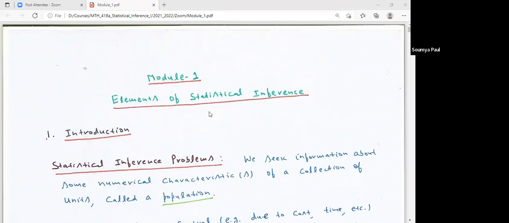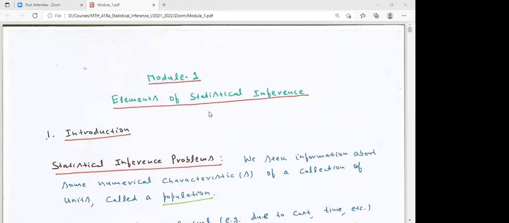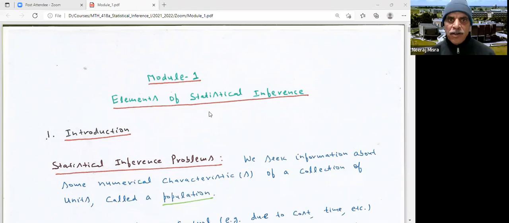Great. So today what I'm going to do is I'll give a brief introduction of statistical inference problems. I'll explain what you mean by statistical inference and what are the basic elements of statistical inference problems.